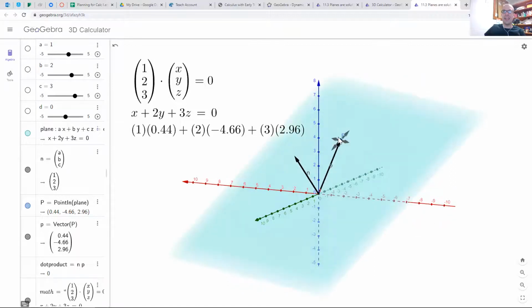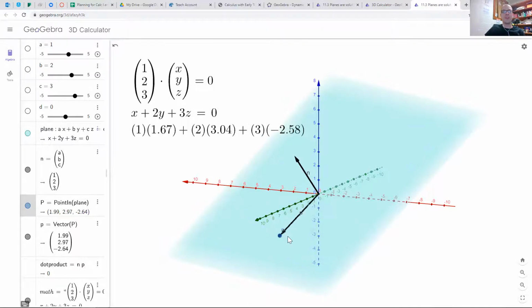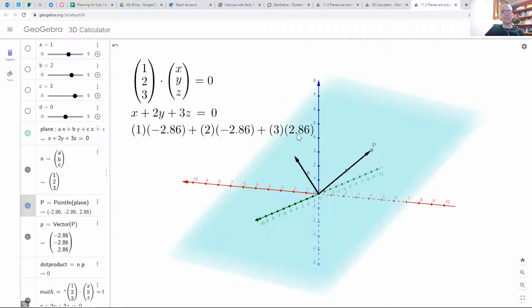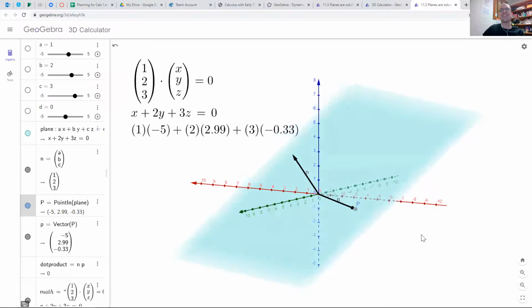And I can drag this around, and everywhere you go, no matter what this point P is, right now it's close to 6, close to 1/2, and close to negative 1.5, but that can change. But the dot product that you would get always remained fixed, and it's always 0. I think that's super cool.